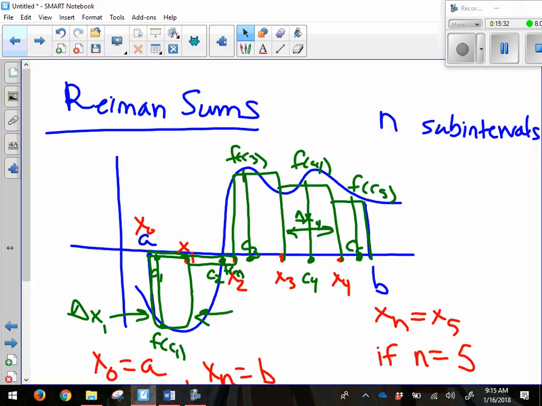Except why you would ever make your rectangles not be the same size, why you would ever choose a value for c that wasn't right smack dab in the middle of the interval, I don't know. But it has to be a generalized thing. Okay, so everybody got their picture?